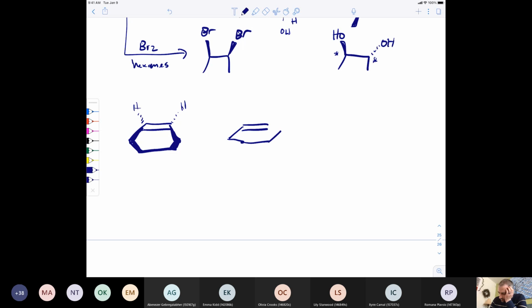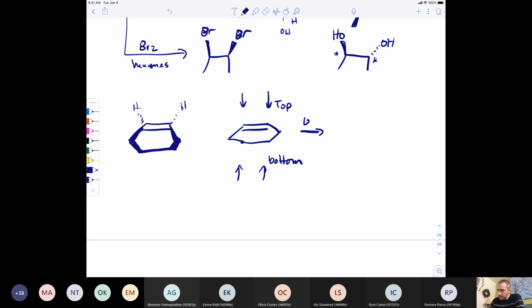Carbon there. This is flat, so like, this is the top, this is the bottom. It's not perfectly flat, because it's a bit of a chair structure there, but what it means is the things we're adding both come from the top or both come from the bottom, we say the addition is syn. If one comes from the top and one comes from the bottom, we say it's anti. So Br2 is anti.